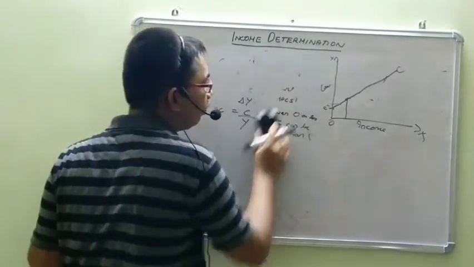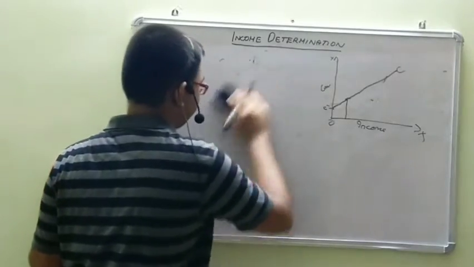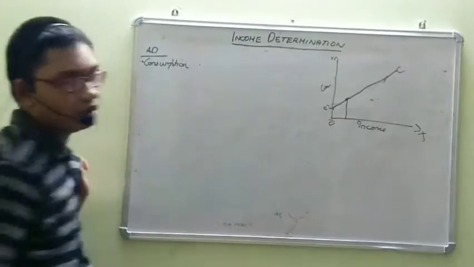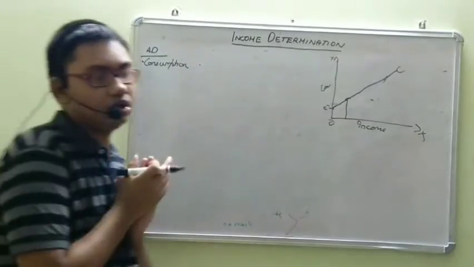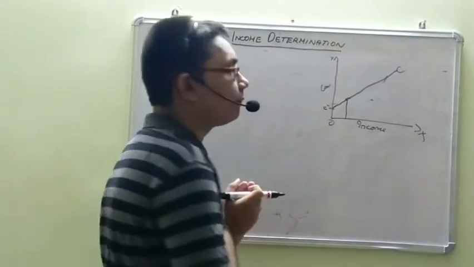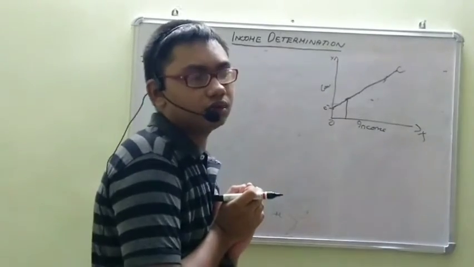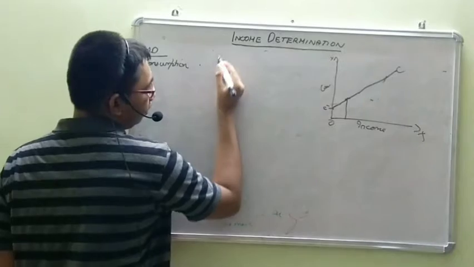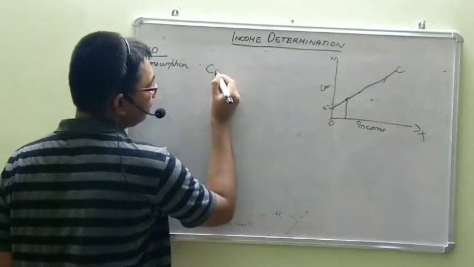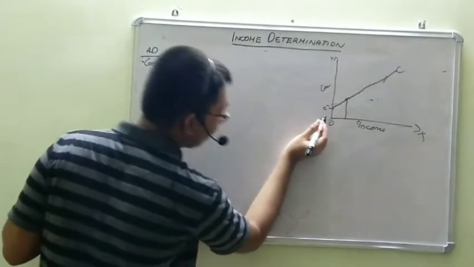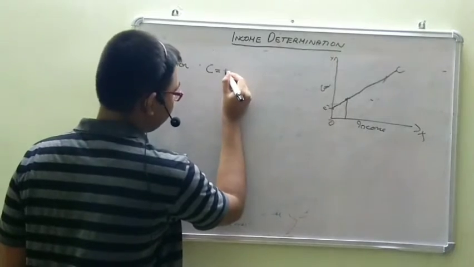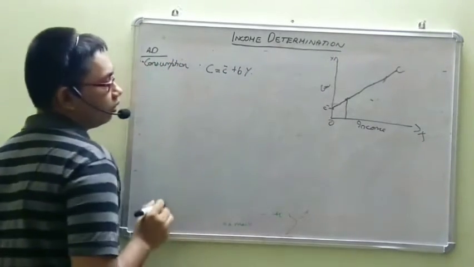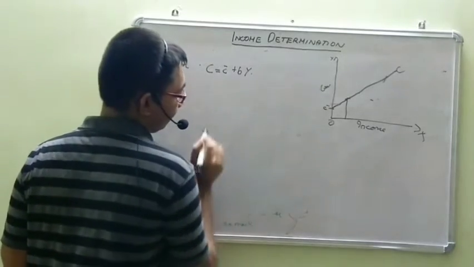Okay, this is all we have about consumption. Consumption expenditure will be the amount of expenditure which is incurred on consumption. Then there is one concept of consumption function. The function will be C is equal to C bar plus BY.